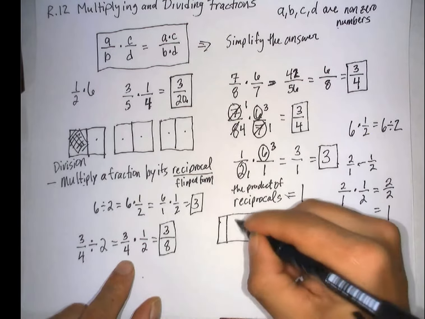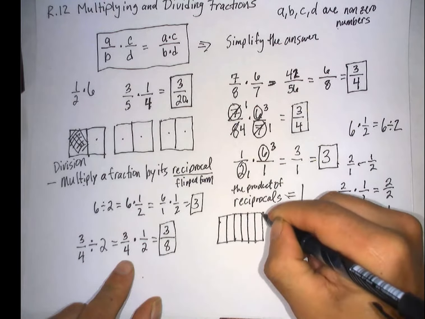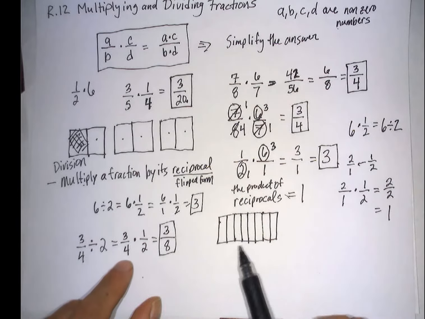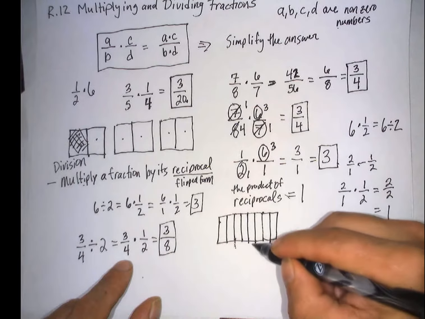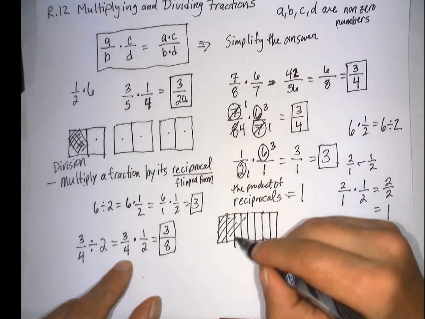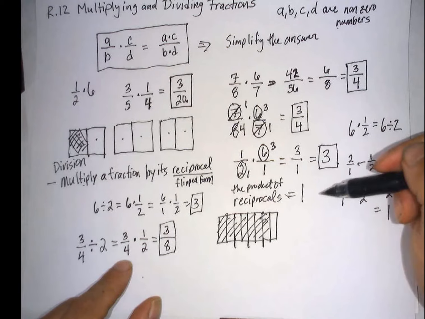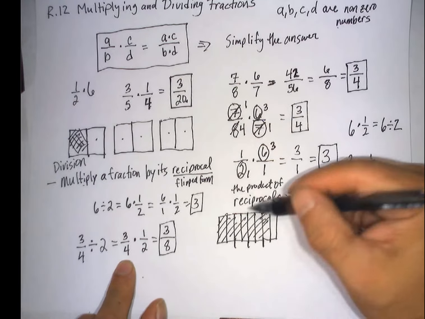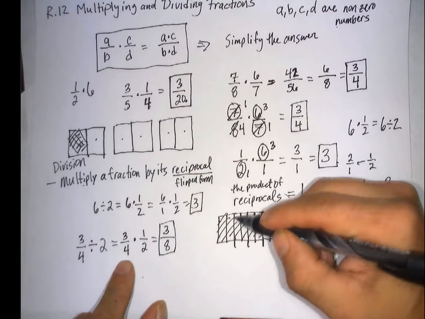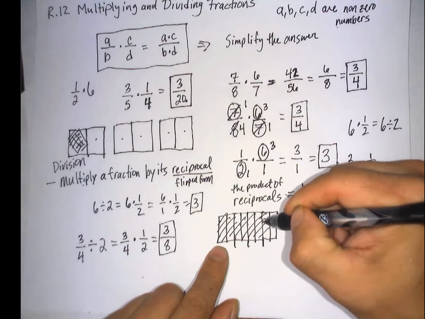So here's 1, 2, 3, 4, 5, 6, 8. Here's 1/4, 2/4, 3/4, right? So here's 3/4. If I take this and split it in half, there's 1, 2, 3, 4, 5, 6, and I shaded one too many.